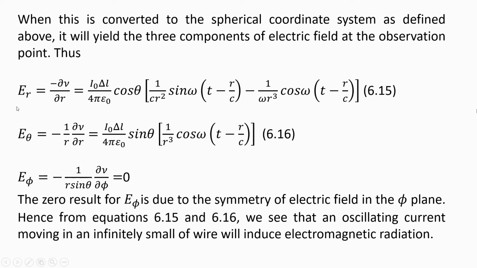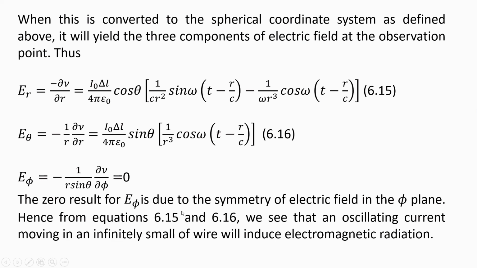Then we talk about electrical parts. This part is much bigger than this one, and due to that, in most cases, we can neglect this part. And this part is actually equal to 0 because this is the magnetic part. The azimuthal component will be magnetic.